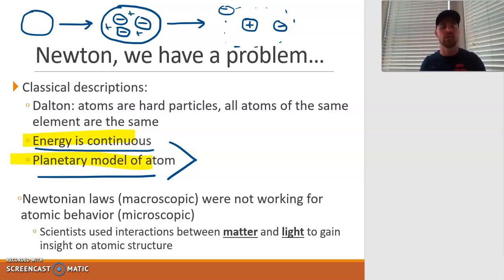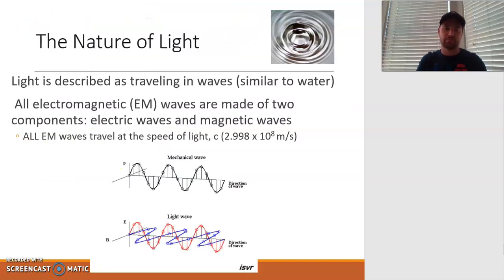And so the Newtonian laws at the macroscopic level were failing to describe the behavior of microscopic things such as atoms and electrons. And so scientists had to change the way they were thinking. They had to start looking at different ways to view matter. And so what they did is they started to look at the interactions between matter and light to gain a little bit more understanding. And so let's talk a little bit about light.